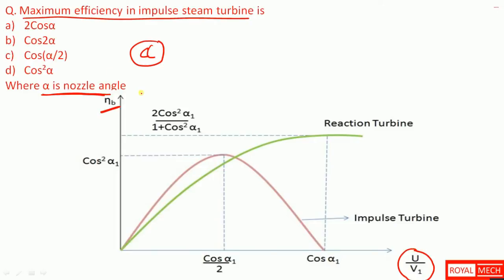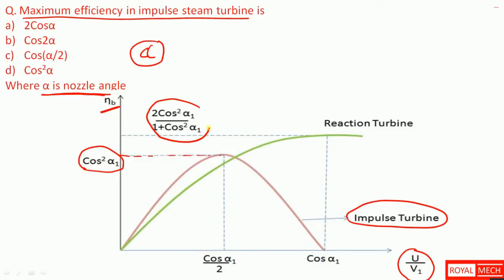So when we plot this graph for cos square alpha 1 for impulse turbine, the efficiency is maximum. And for reaction turbine, 2 cos square alpha upon 1 plus cos square alpha, the efficiency is maximum for the reaction turbine. So therefore option D, cos square alpha is the correct option.